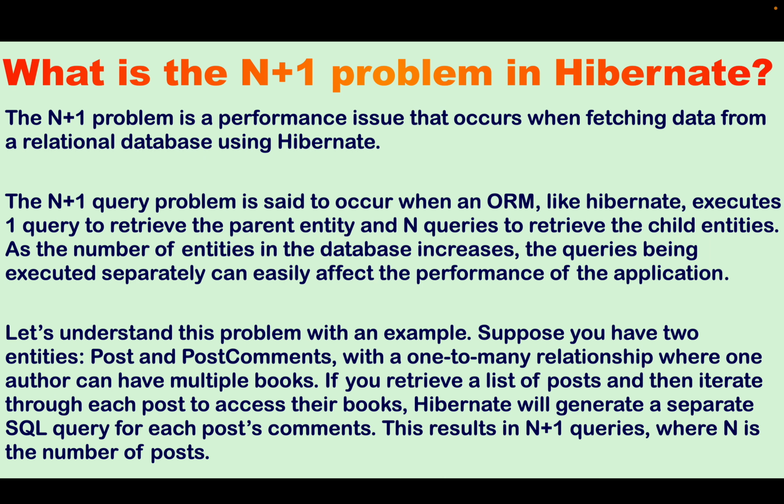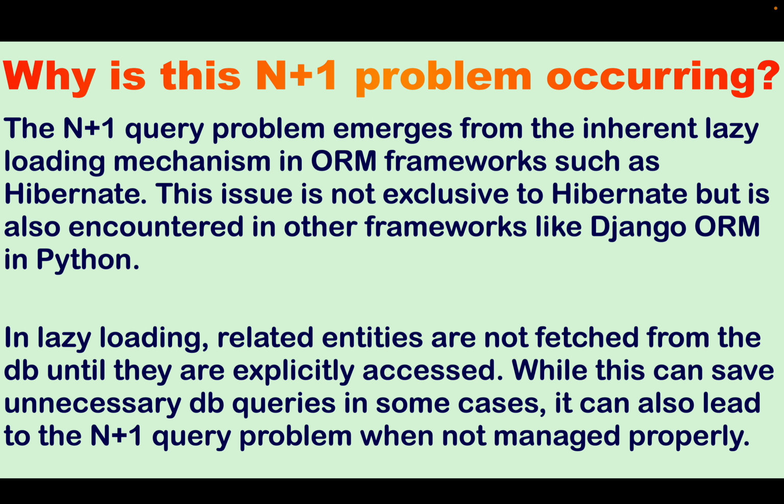So now we know what the N+1 problem is. For n records, N+1 queries get executed. Why does this N+1 problem occur? It's mainly due to the default lazy loading mechanism of the ORM frameworks. Mainly in Hibernate that we are discussing now, even it's the same issue in Django ORM in Python as well.